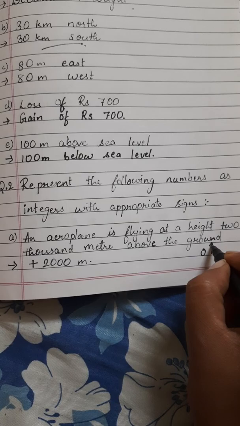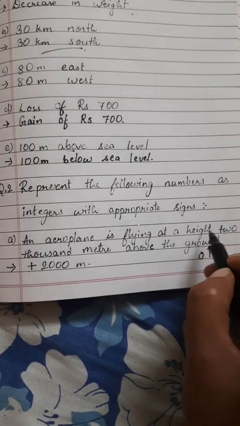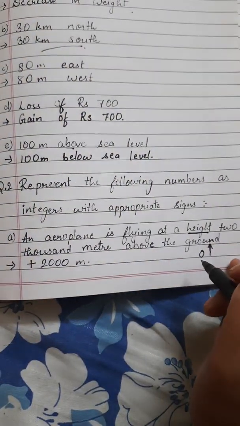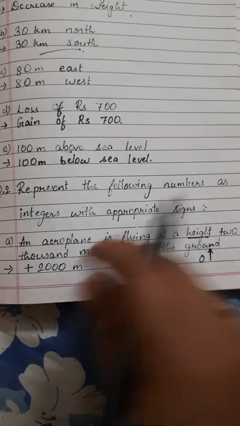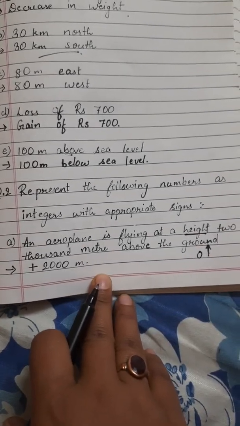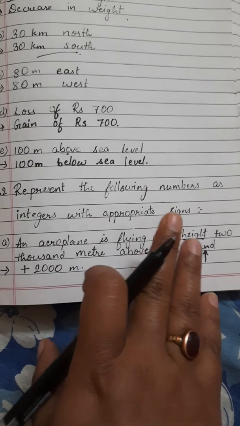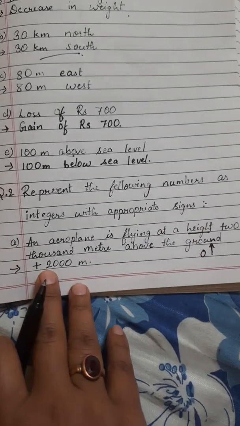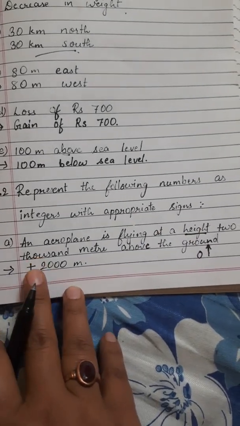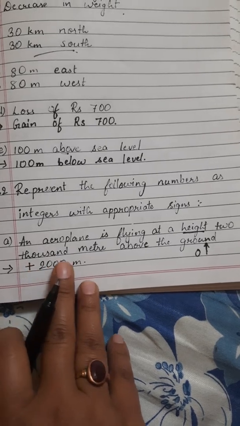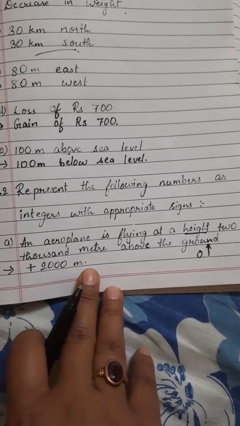The number will increase, and it is a height. So if you have seen the previous video properly, you might know that height must include the positive sign. So the answer will be positive 2000 meter.